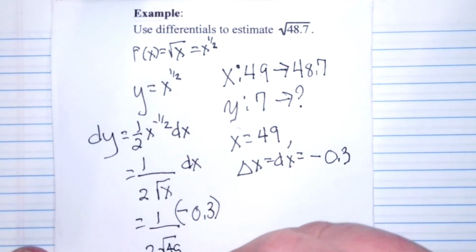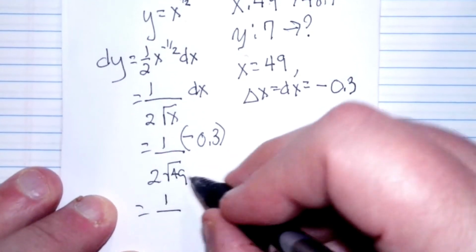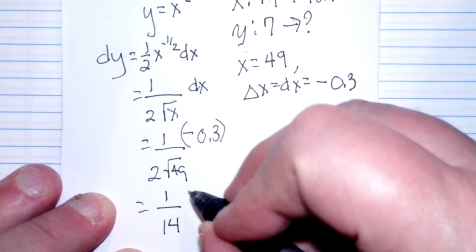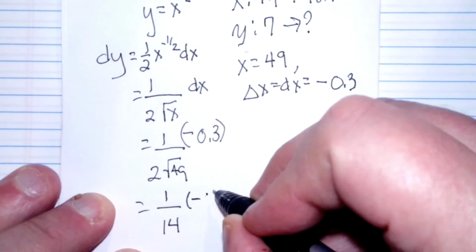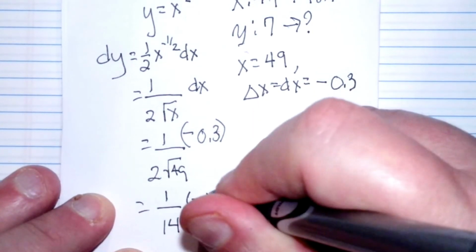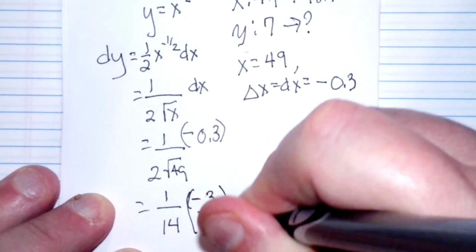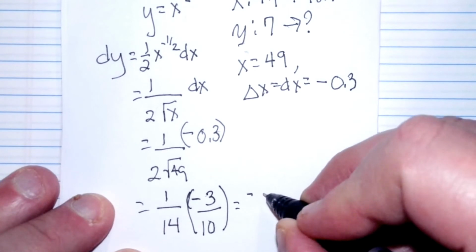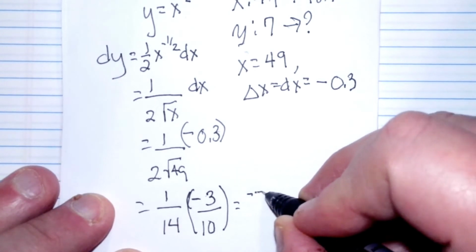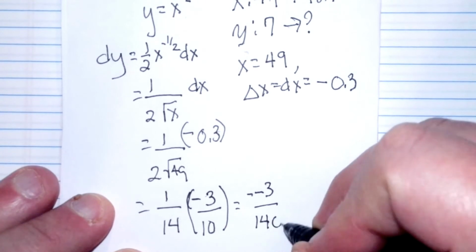And that's going to be 1 over, the square root of 49 is 7, so 2 times 7 is 14, and then times negative, well, let's see, that's 3/10. So the answer would be negative 3 over 140.